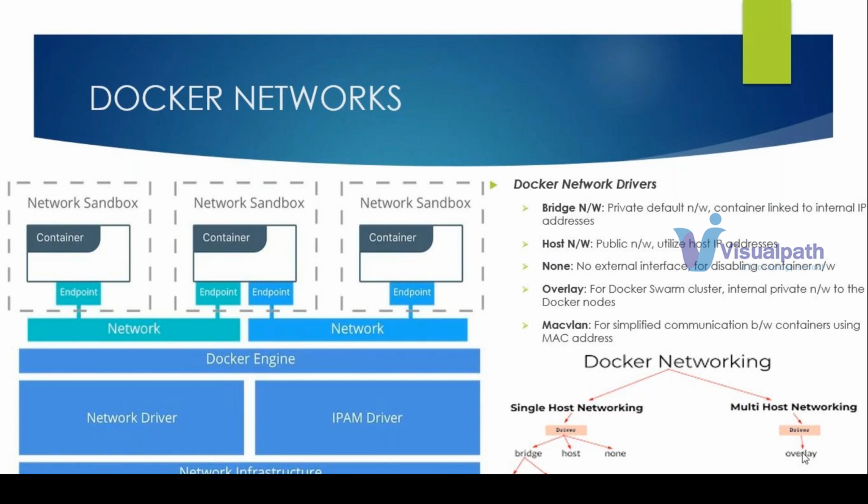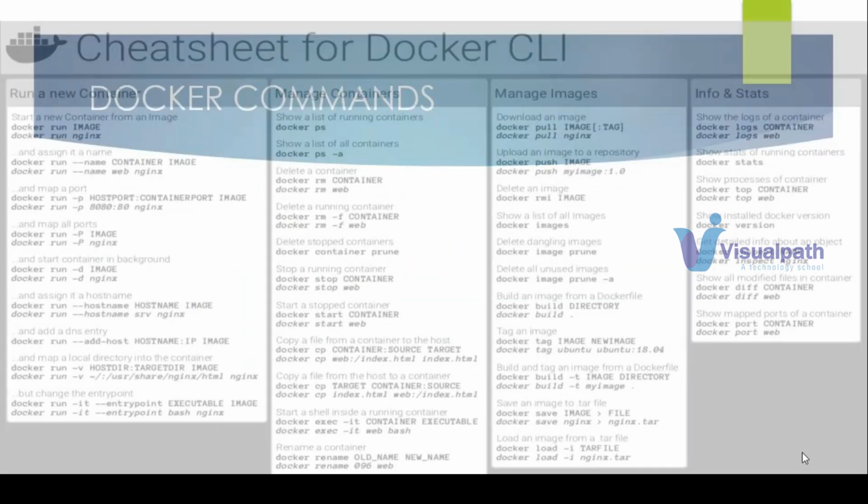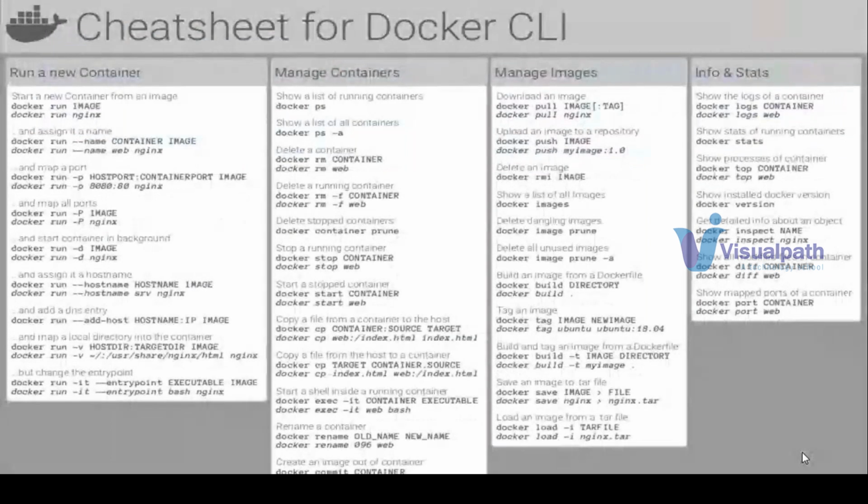We'll explain in detail. These are the popular Docker commands which we use on a day in, day out basis, a handy item for running a Docker container once the images and Dockerfile are readily available.